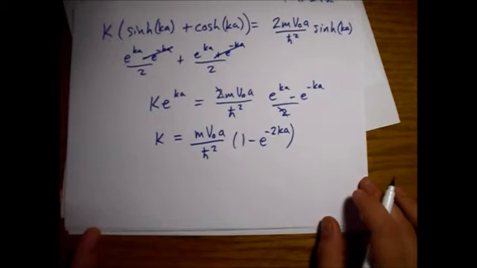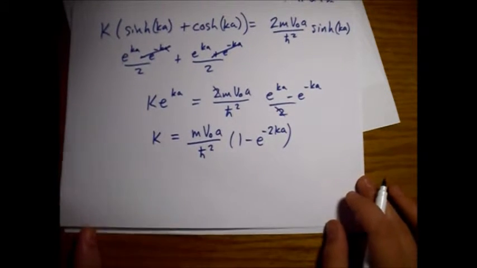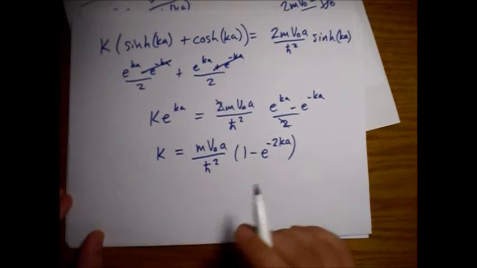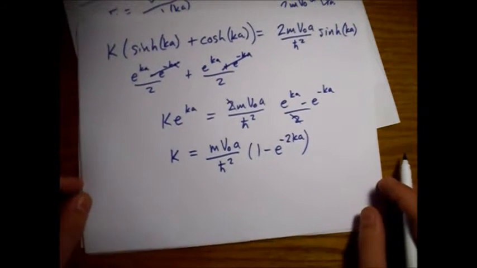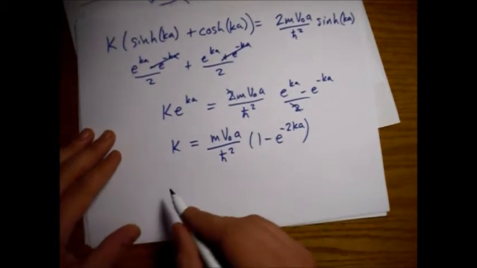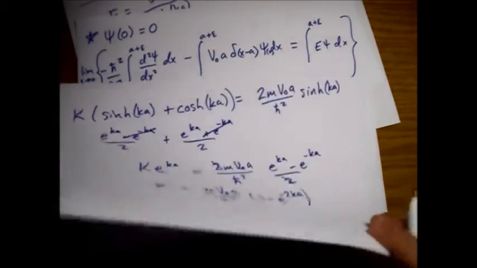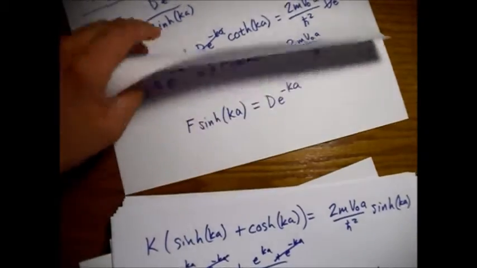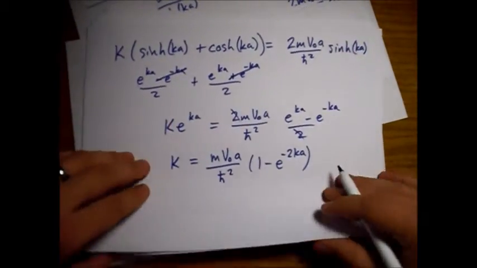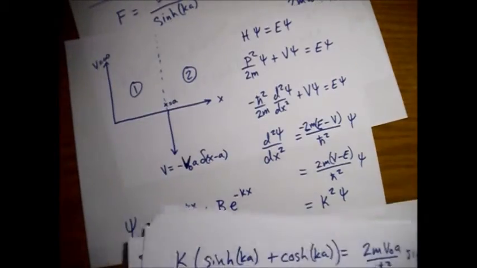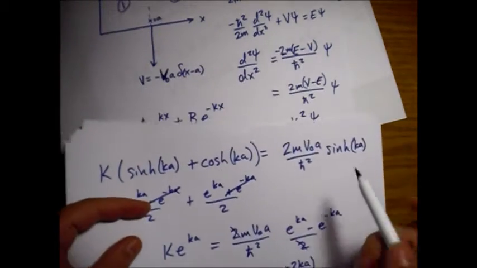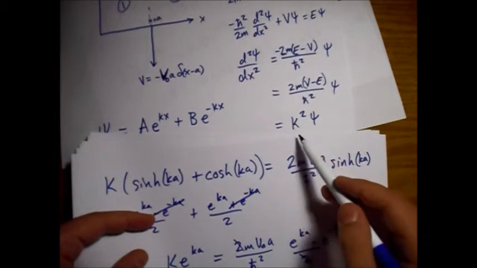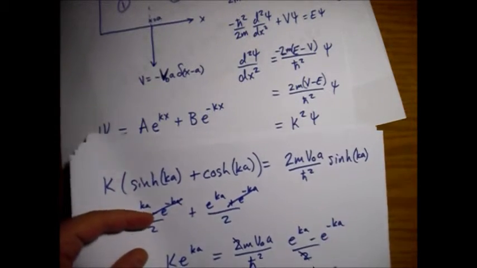This is an expression for k, and we know that if we go back to our original use of k, k squared is equal to this, right?